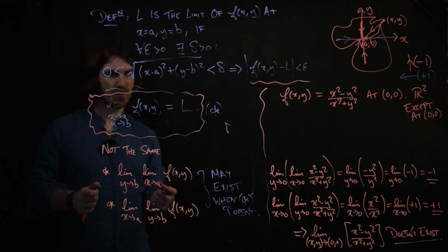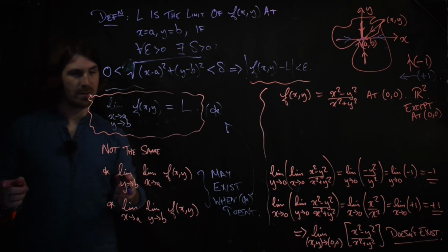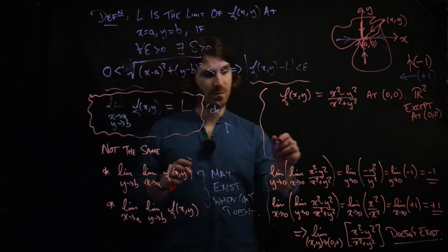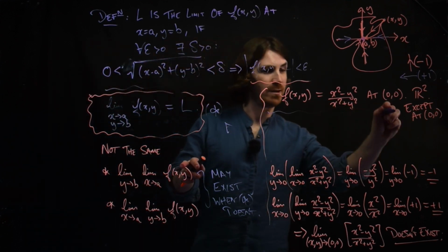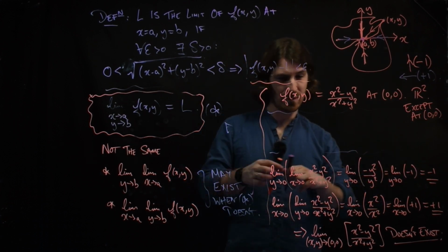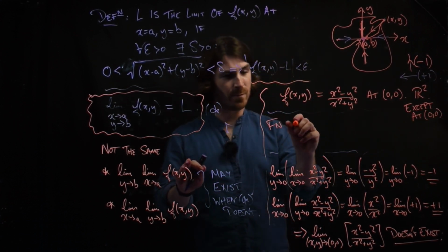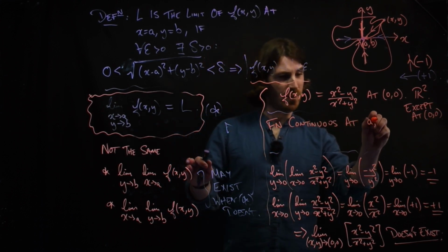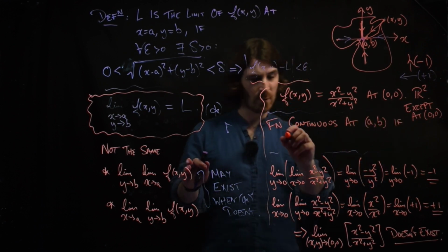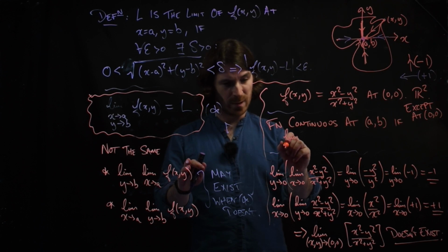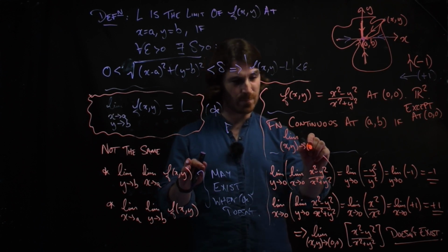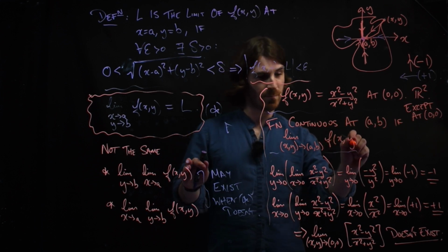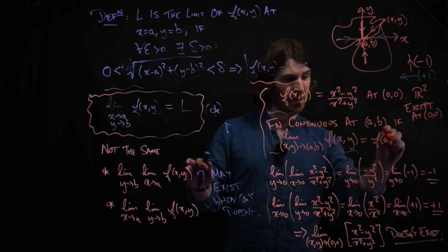The last thing I want to mention is continuity. A function is continuous at AB if, let me write it here, because it's in the notes, a function is continuous at AB if the limit of x, y to AB of your function equals f of a, b.